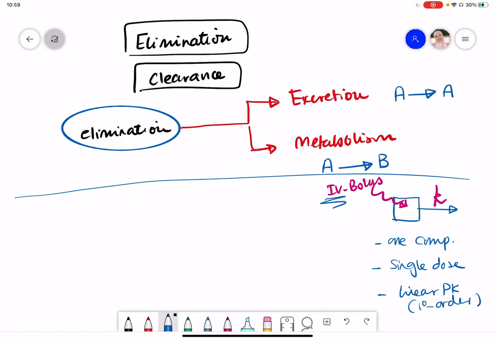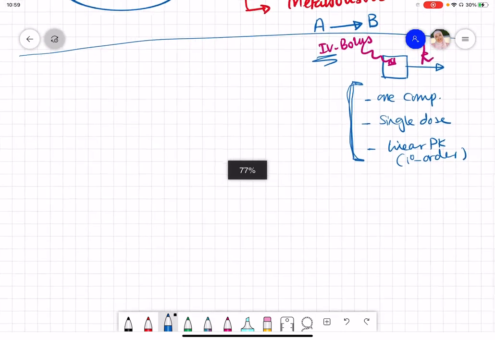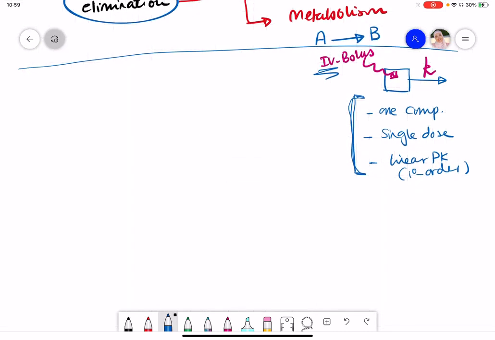Okay, so what we will mention in this class is a general explanation of the elimination of this model and kinetic in general, with a specification to this model. Earlier, when we started the explanation of this model, we mentioned that we can describe the rate of elimination in terms of amount or in terms of measured concentration, right?